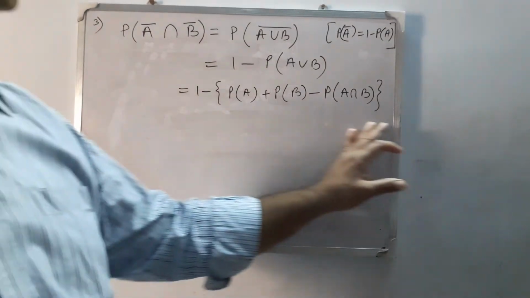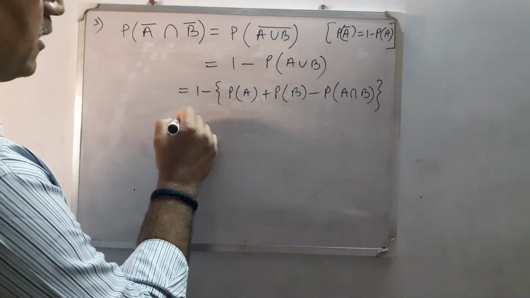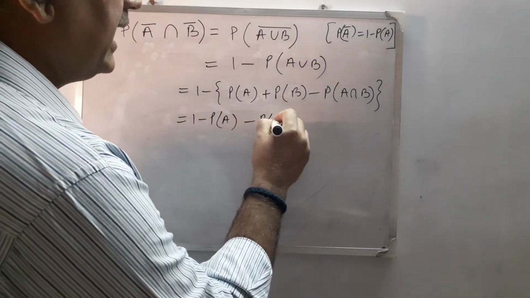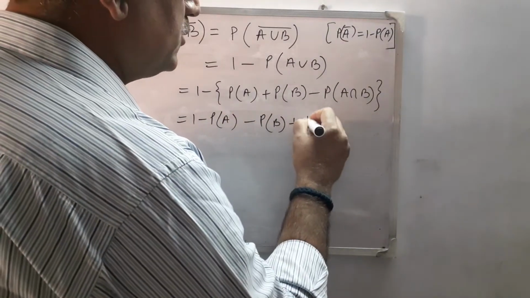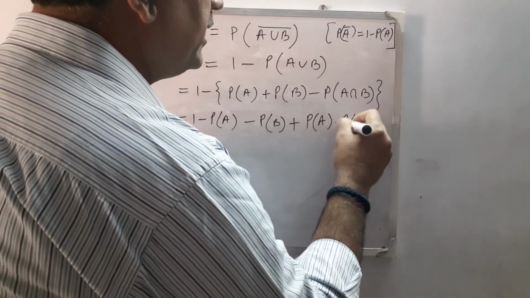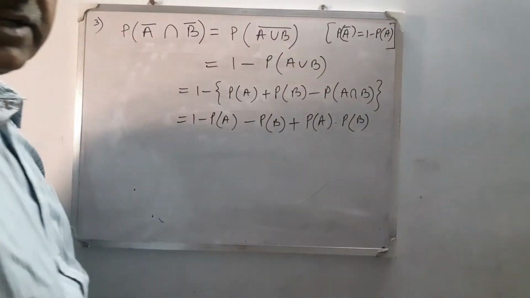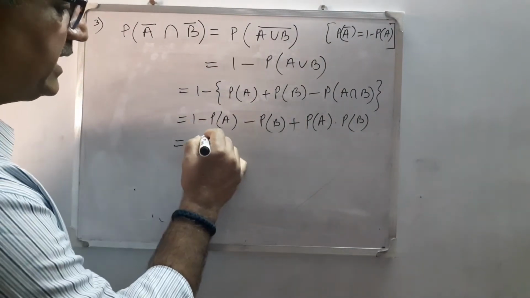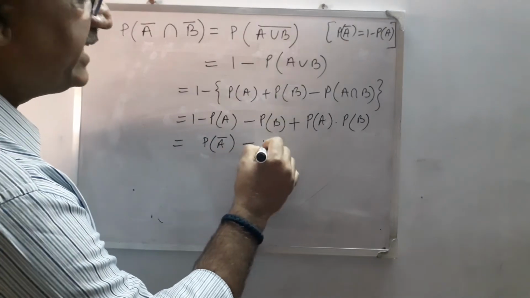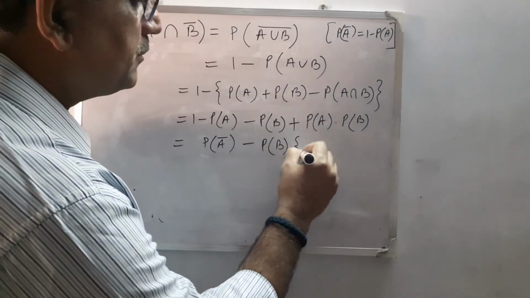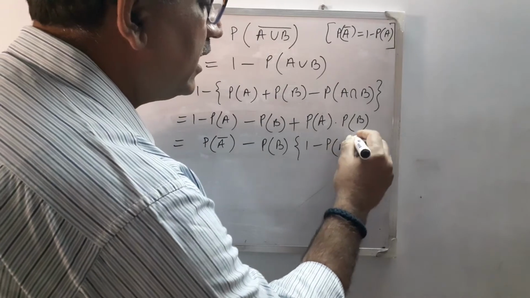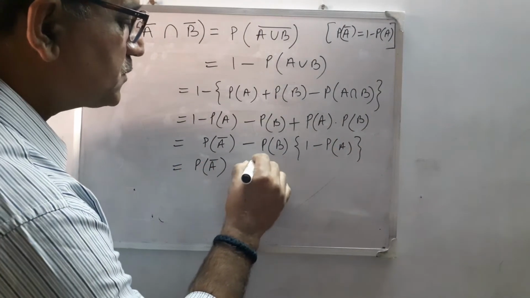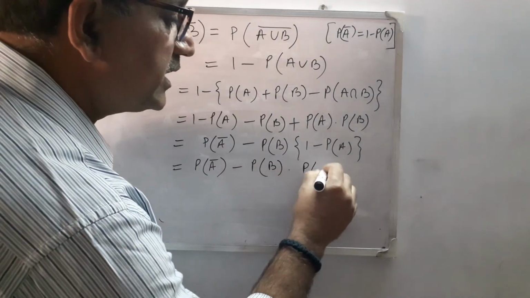Now again open this bracket. So what happens? 1 minus P(A) minus P(B), and then plus, this breaks out and it becomes P(A) into P(B). It is because A and B are independent events. Now 1 minus P(A) is P(A bar), and minus P(B) you can take common. In the bracket you will get 1 minus P(A), that is P(A bar).